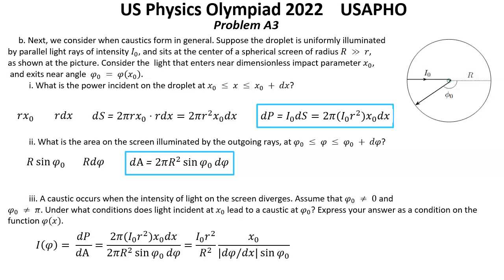This diverges when the denominator becomes 0, which in this case only occurs when the first derivative of phi by x at point x0 equals 0. That is, a caustic will occur under this condition. Intuitively, this condition means that a broad range of incoming light rays end up focused on a narrow curve on the screen. So this is the condition for a caustic, and this was the answer for the third one.